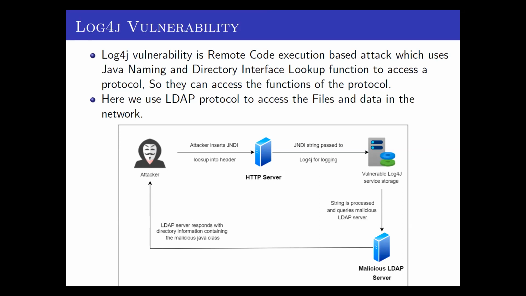This remote code execution uses the Java Naming and Directory Interface, and it will look up a function for the LDAP protocol, get the data from the server, and the logs can be manipulated by the attacker. So this is the log4j vulnerability. This malicious code can be executed, and any attacker can get inside the system.